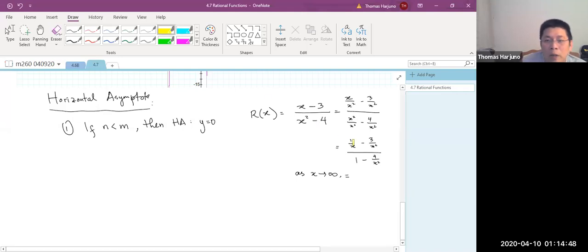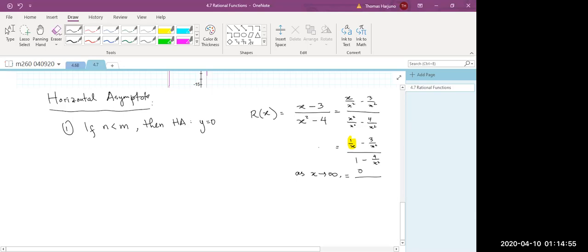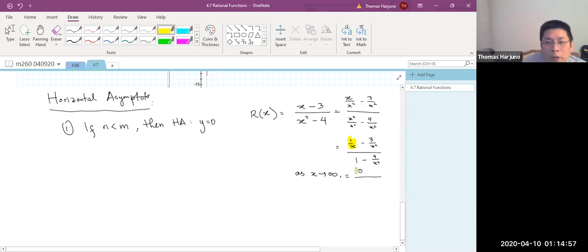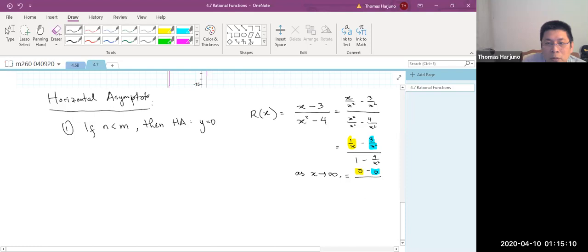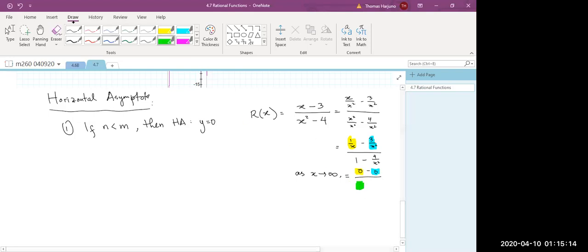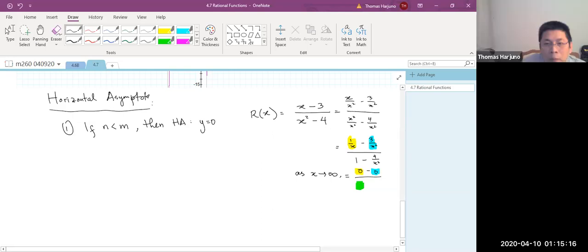Then on the top left it becomes 0. How about the top right? Also 0. It is still 0, that's right. How about the bottom left? It becomes 1. How about the bottom right? 0.